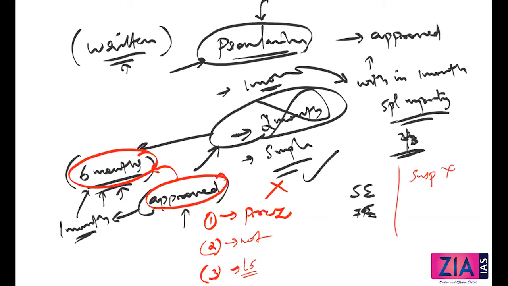You can just refer it back. Similarly, for pocket veto, you don't want the recommendation of the Council of Ministers. But if it is absolute veto, you need to act according to the Council of Ministers. But here, once you proclaim, you need the written recommendation of the cabinet. Even for revocation also, you are doing it with the advice of the Council of Ministers.